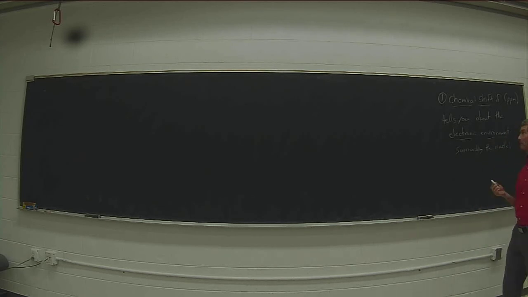If you see a peak in the aldehyde region between 9 and 10 parts per million, you can start looking for an aldehyde. If you see peaks between 7 and 8 parts per million, you can start looking for the presence of an aromatic compound. Peaks between 3.5 and 4.5 parts per million, you can start looking for the presence of an alcohol or an ether, hydrogens adjacent to that O, or chlorine maybe.